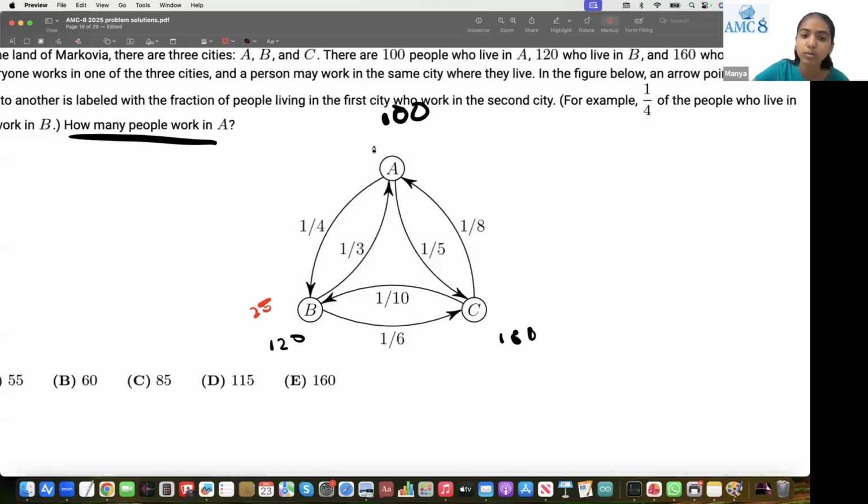So we will have to subtract 25 here because we know that 25 people who live in A go to work at B. And we would also need to find 1/5 of 100, which gives us 20.